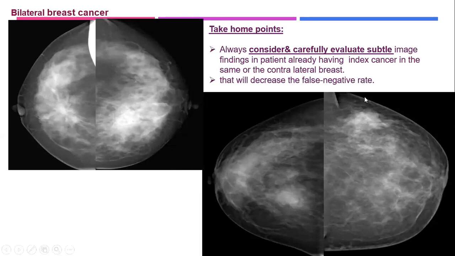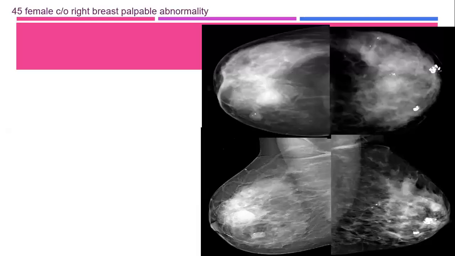And this patient has cancer in the left breast here as well as in the right breast. And this one also has cancer here and cancer here. So always we have to consider and carefully evaluate for suspicious features in a patient having breast cancer in the same or contralateral breast. Okay. Any volunteer for this interesting case?